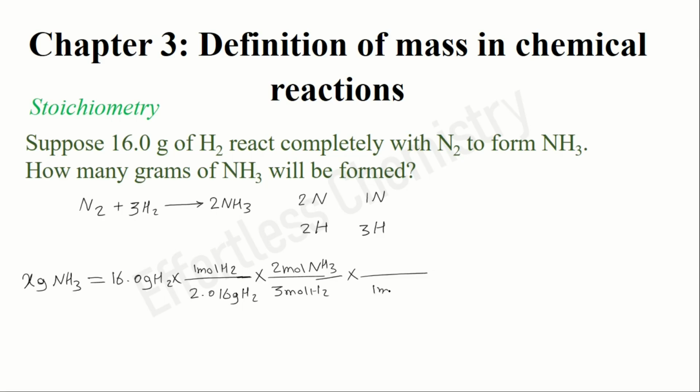And I know 1 mole ammonia, the molar mass of ammonia, is 17.03 gram of ammonia. The final result is 90.1 gram of ammonia.